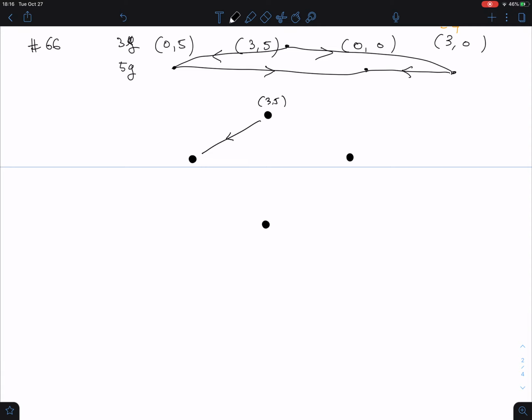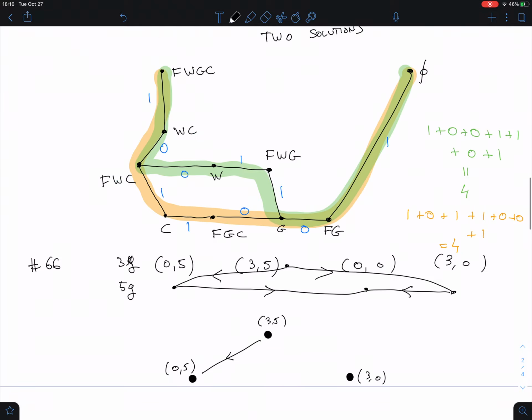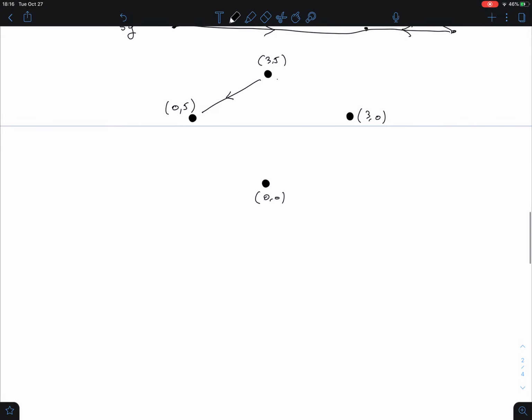There's one going that way. That is the 0-5 configuration. This is the 0-0 configuration, and this is the 3-0 configuration. So from there to there, from there to there, and from there to there.